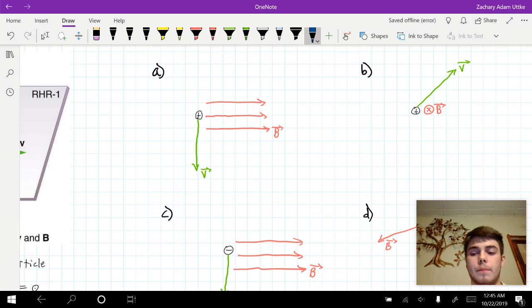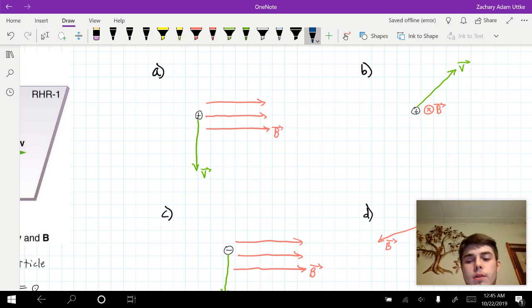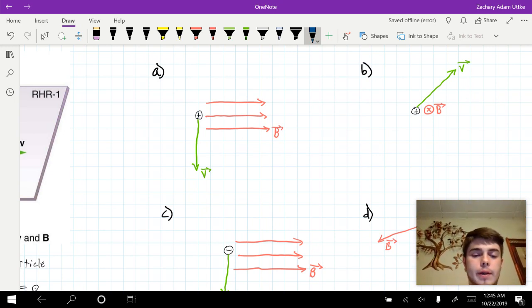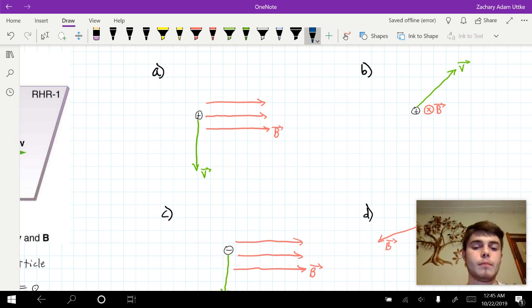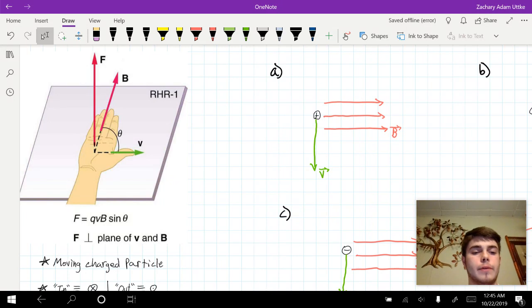So, the way that I like to solve them is considering all of them as positive and then changing our answer if it actually is negative. So in part A, this is a positive charged particle, and you always have to use your right hand. You can't use your left hand. So your thumb, as this image shows, is going to be velocity.